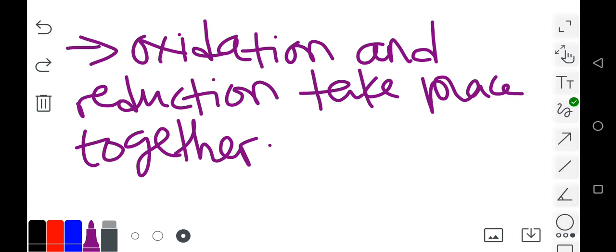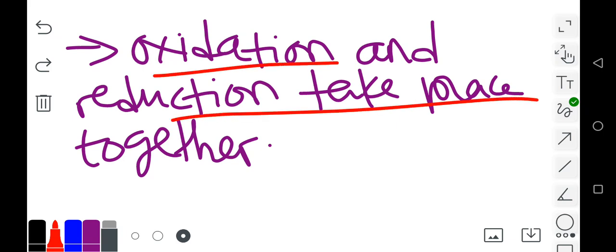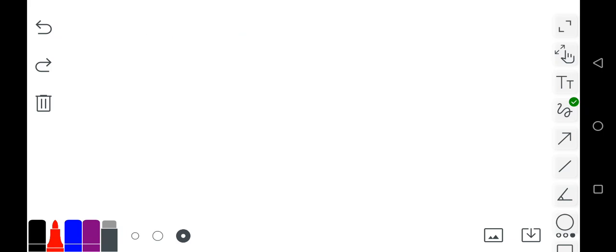And you have just seen how I've shown you the reduction of iron, which normally happens during the extraction of iron in the blast furnace. So therefore they take place together. With this regard, we can see how this is happening, so I'm going to bring up the other example.